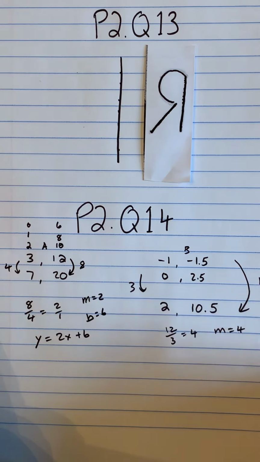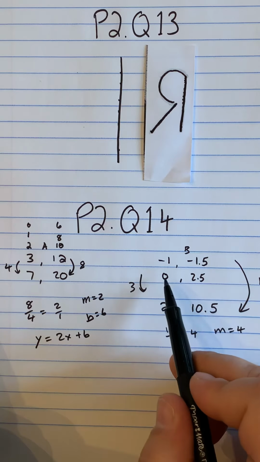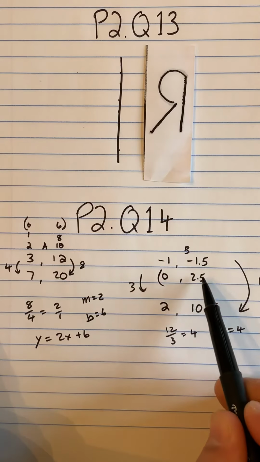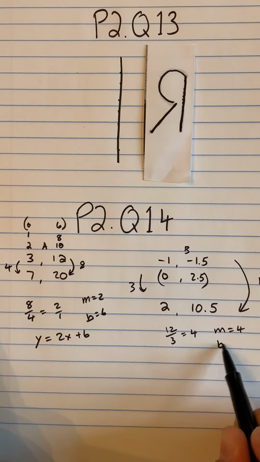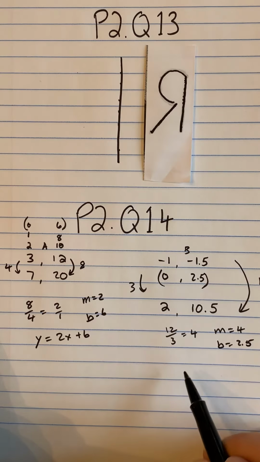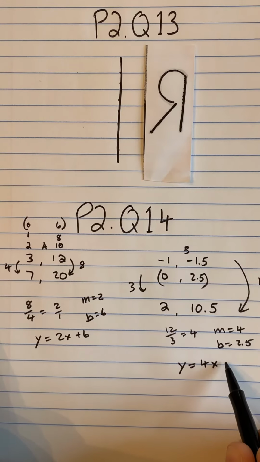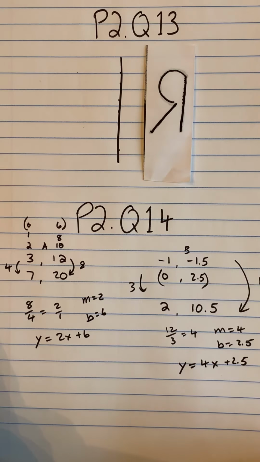So we would have the point 0, 2.5, just as 0, 6 was our y-intercept. This would be our y-intercept. So b equals 2.5. So their equation would be y equals 4x plus 2.5.